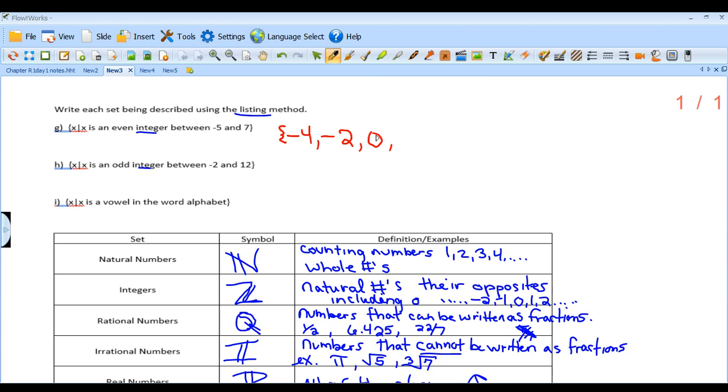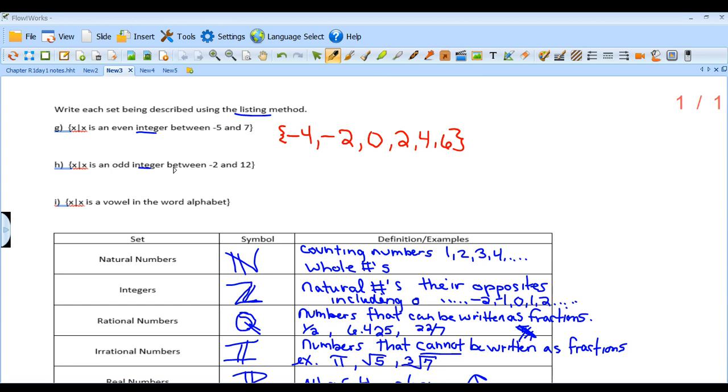Remember that any number ending in 0 is even, so that includes 0 itself. We have +2, +4, and +6. And since we can't go any higher than 7, that's as far as we can go. Using the listing method, those are the set of our x values.